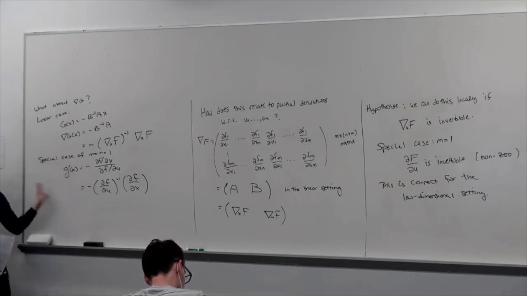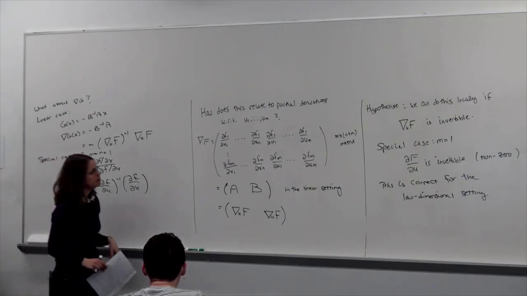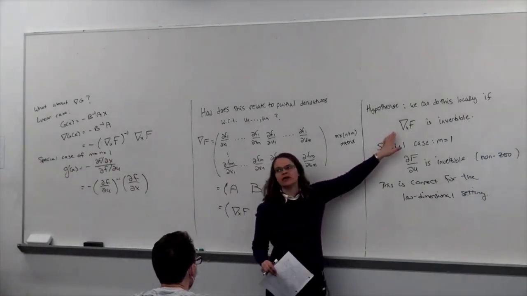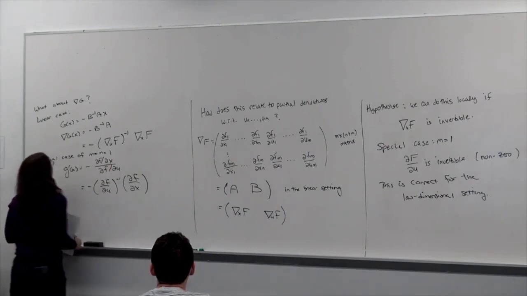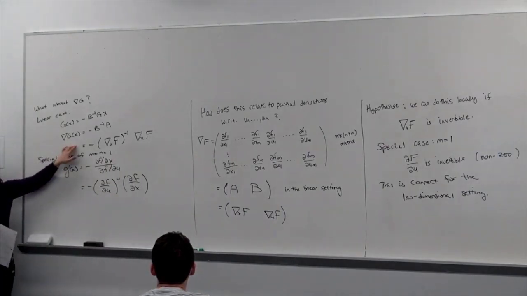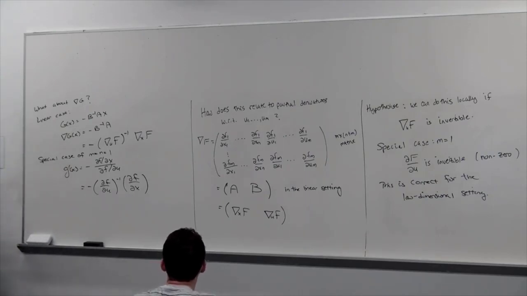So again, this fits with what we thought should happen. So I'm going to make a hypothesis that if we can build a G like this, this is maybe the condition that lets us build a G like that. And in that setting, we're going to hypothesize that this is the Jacobian of G. Again, that we know to be true in the low dimensional setting and in the linear setting. So it seems like a reasonable thing to try to guess at now, to try to prove.